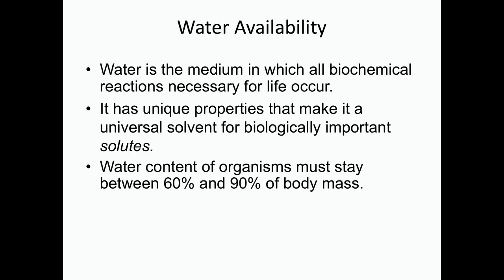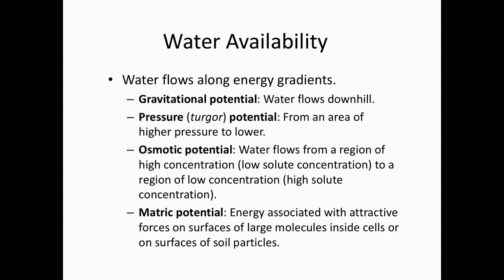So the first thing when understanding the impact of water on organisms is to have an idea of what determines water availability. Now, water will flow along energy gradients. It's going to go from areas of high potential energy to areas of low potential energy.